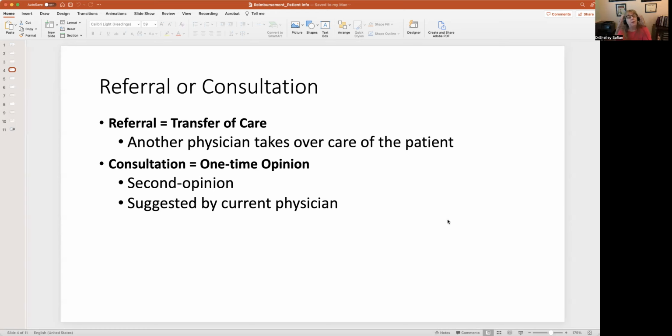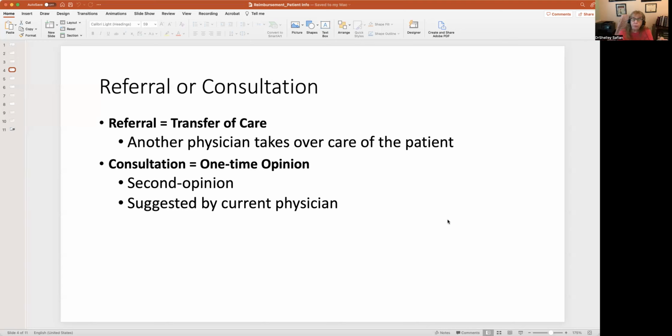And the primary care physician will still be the primary care physician and watch over all the rest of the body systems. Okay? So that is a transfer of care for that particular body system. The physician says, you need somebody to pay more attention to this. That is a transfer of care.